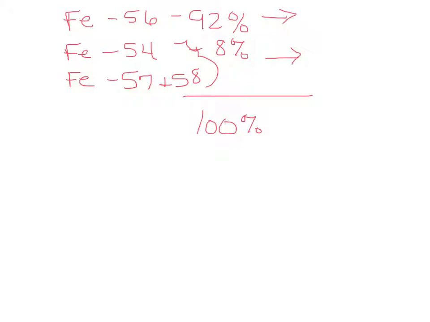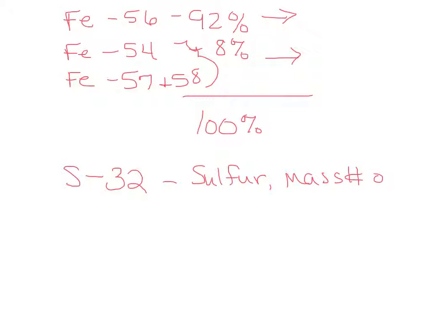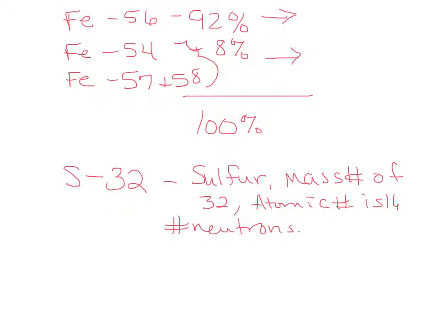So, for example, if I have S 32, that means sulfur, and it has a mass number of 32. If I look up its atomic number, it is 16. To find the number of neutrons, I would say 32 minus 16 is 16.